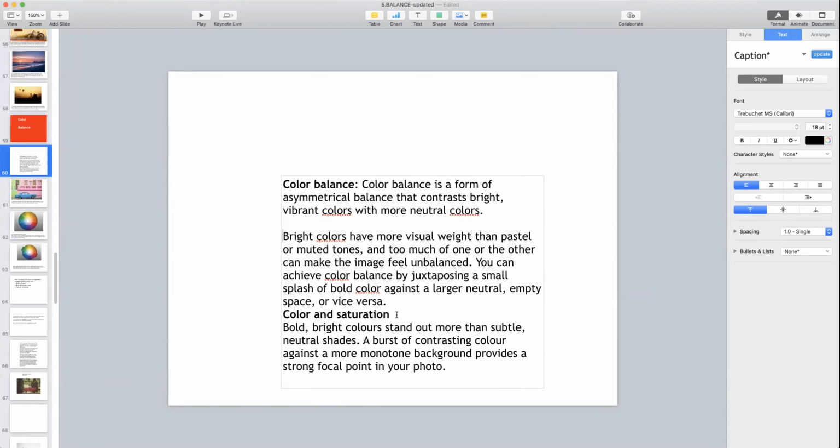So color balance. Now again, talking about color and saturation, bold, bright colors stand out more than the subtle and neutral shades. A burst of contrasting color against a more monotone background provides a strong focal point in your photo. जैसे वो photograph अगर हम देखेंगे तो उसके अंदर छोटी-छोटी जो boats हैं, तो color splashes are very small, but it gives the emphasis to the boat also.